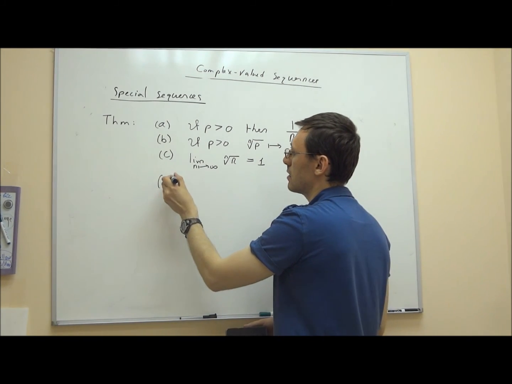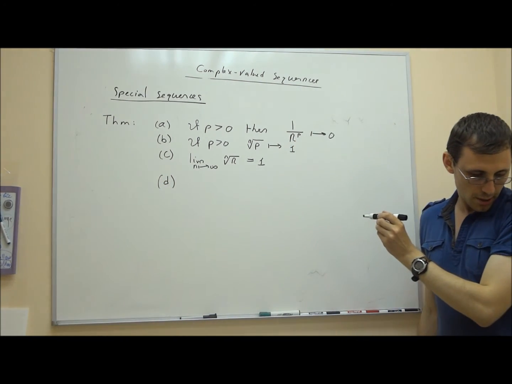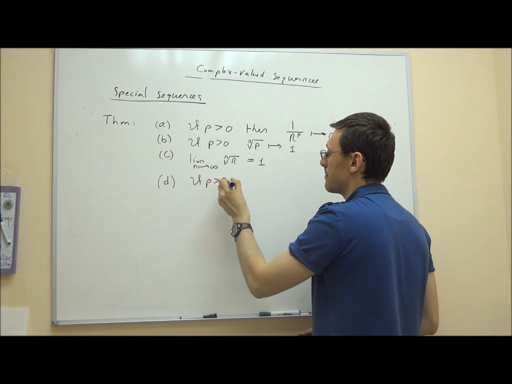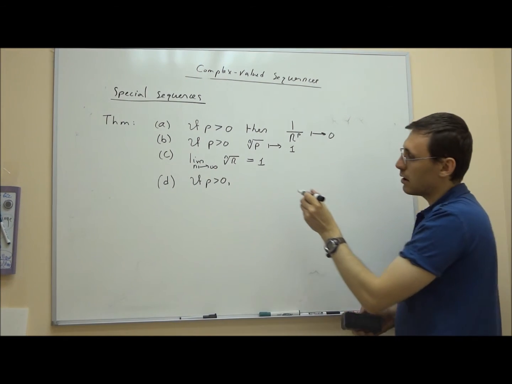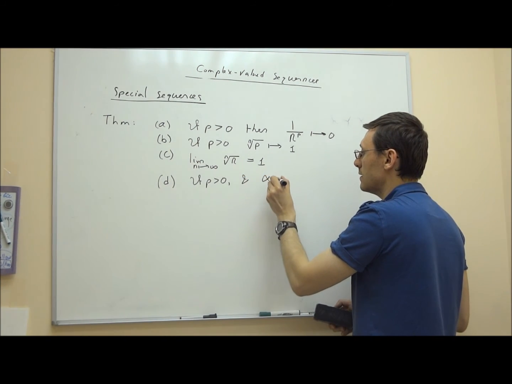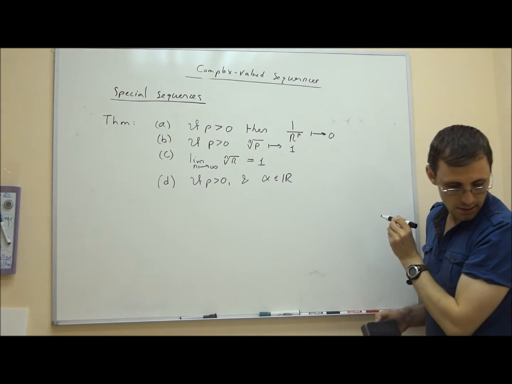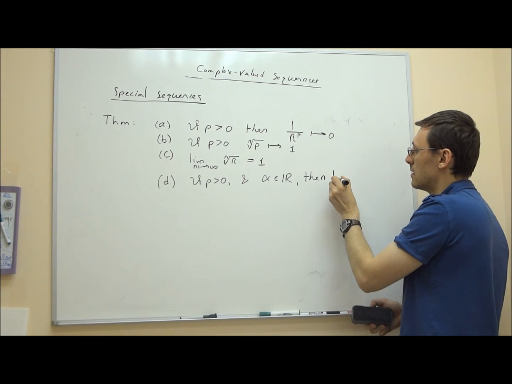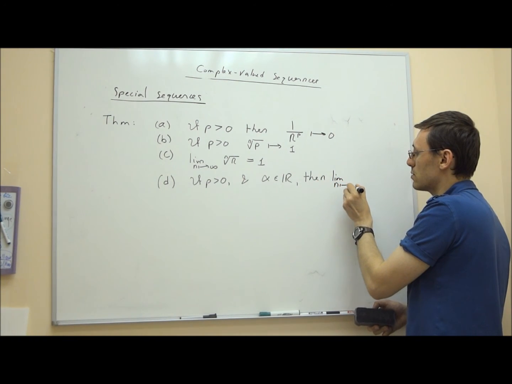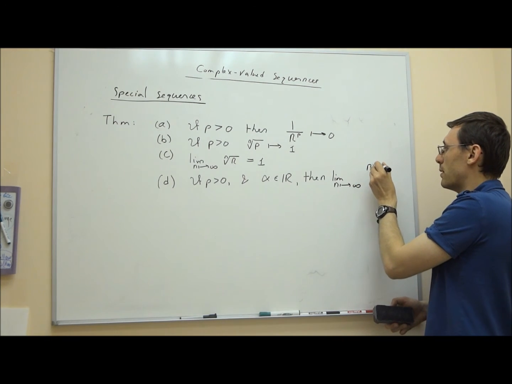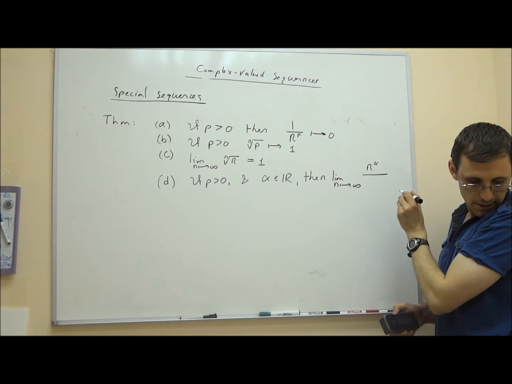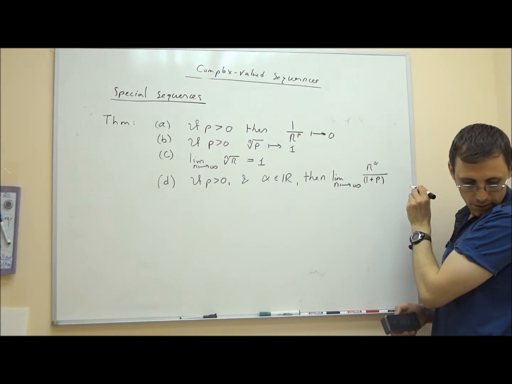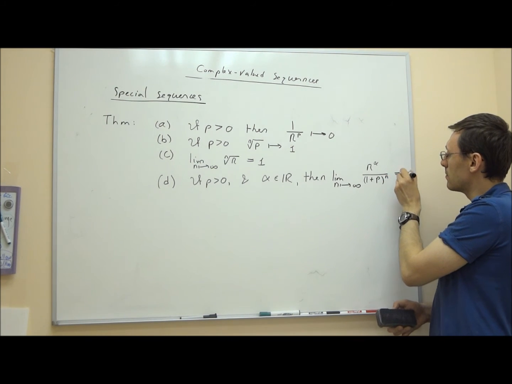D. If p is bigger than 0, and alpha is a real number, then the limit as n goes to infinity of n to the power of alpha divided by (1 plus p) to the power of n is 0.